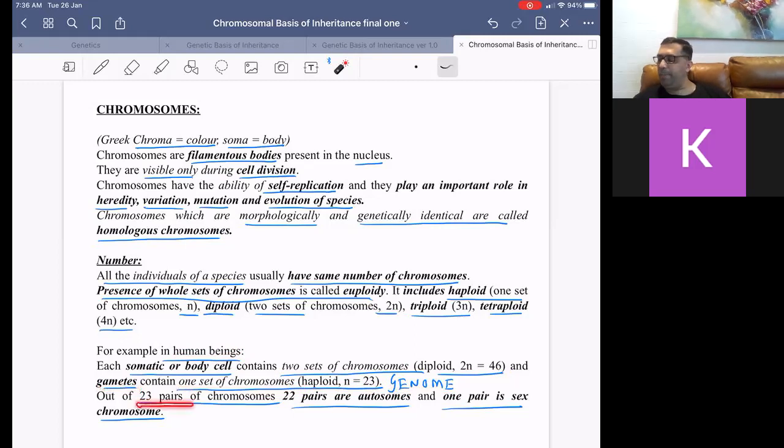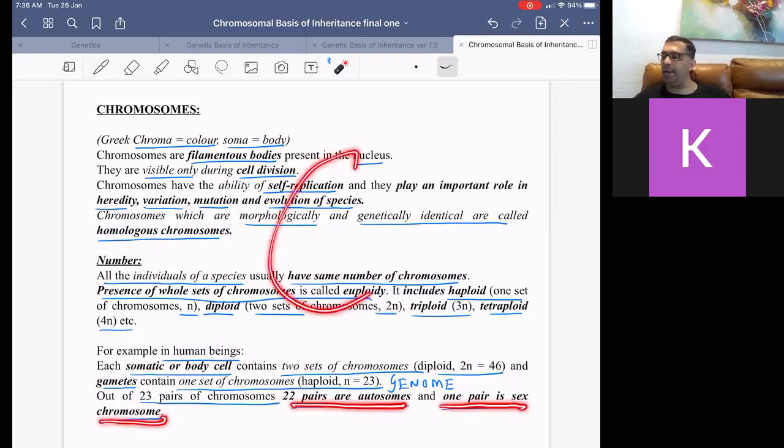Out of the 23 pairs of chromosomes, 22 pairs are autosomes.